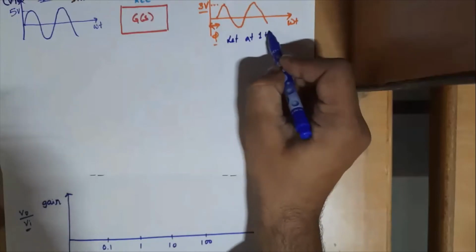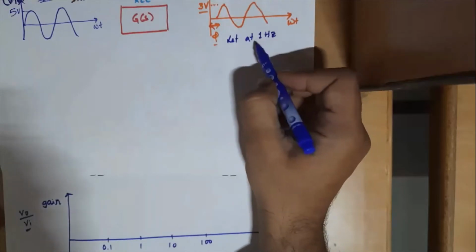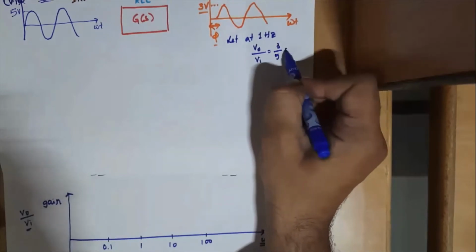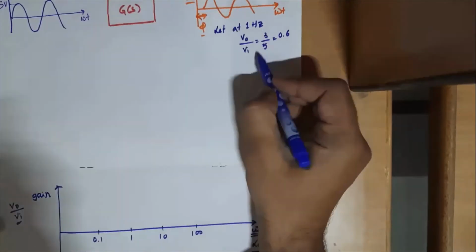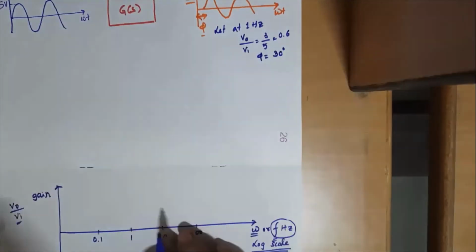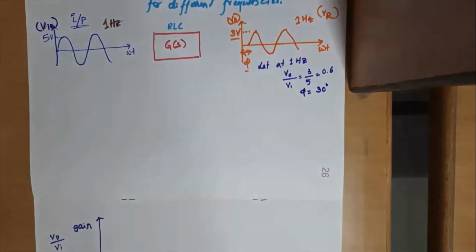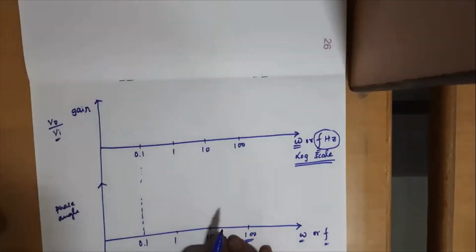So let me write the gain for 1 hertz as, say, Vout by Vi equal to 3 divided by 5, or 0.6, and let me take the phase angle as 30 degrees approximately. No calculation is done here, just for the sake of showing how to plot the graph.